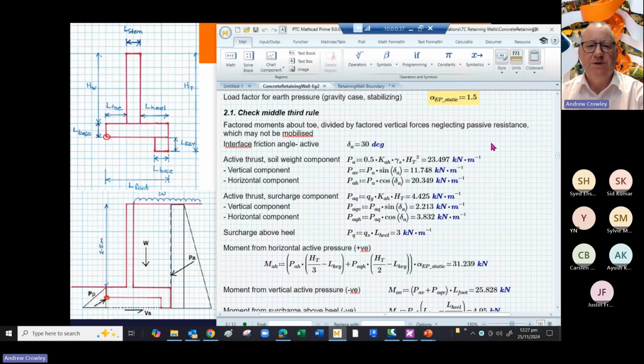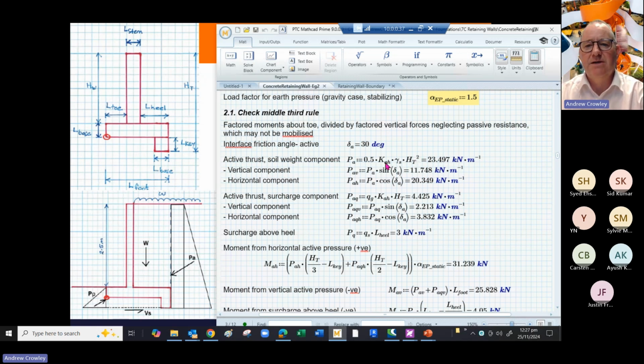Okay, so first we need to check the middle third rule. We do this by taking moments about the toe. That's that point there. And so we work out what the active thrust is. Our PA, there's our PA, is worked out as the coefficient of active earth pressure multiplied by the soil unit weight multiplied by the height of the retained soil squared.